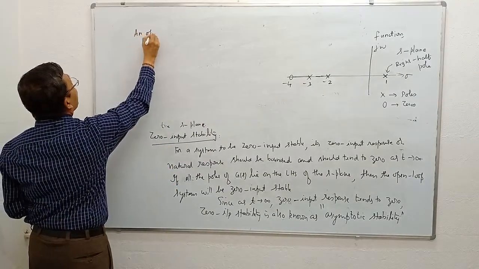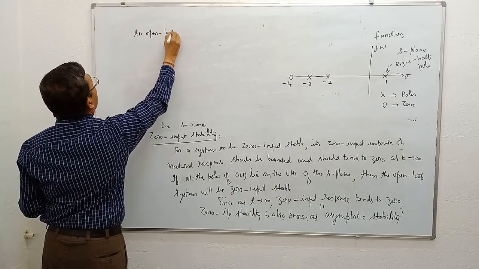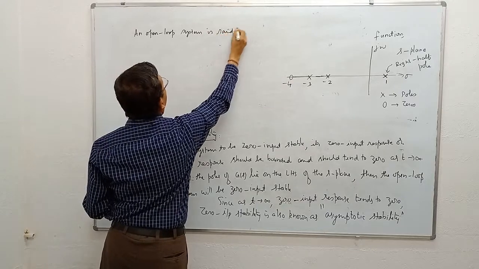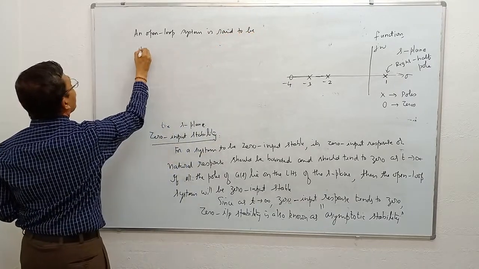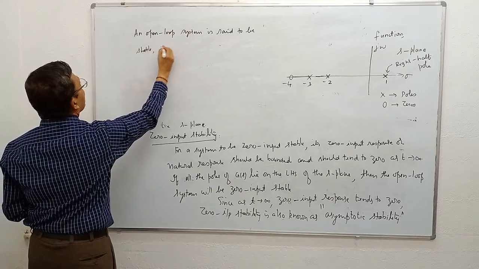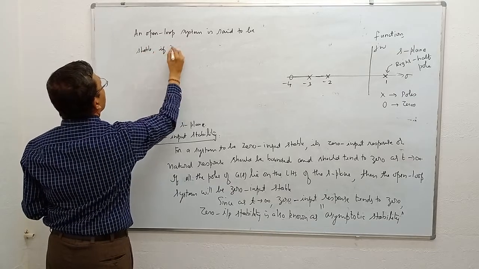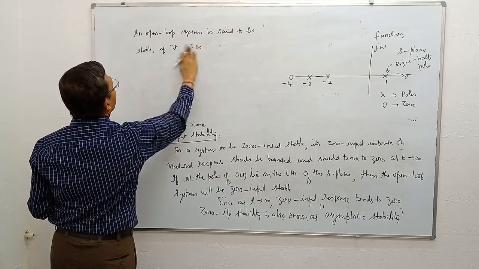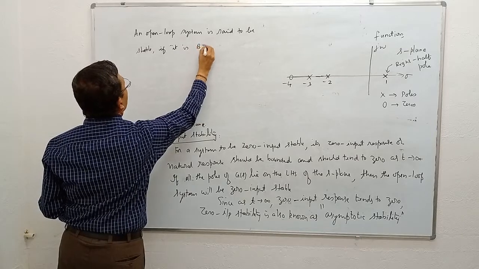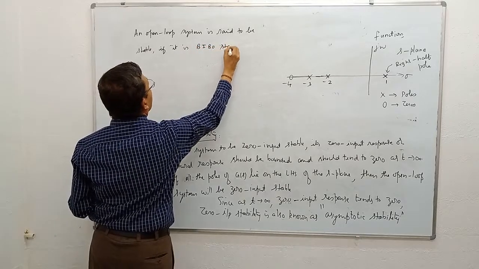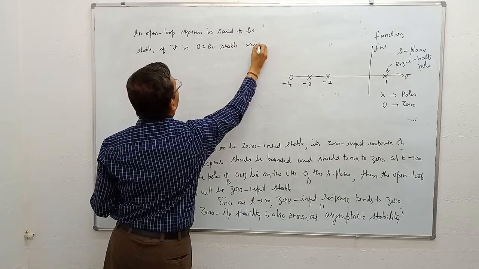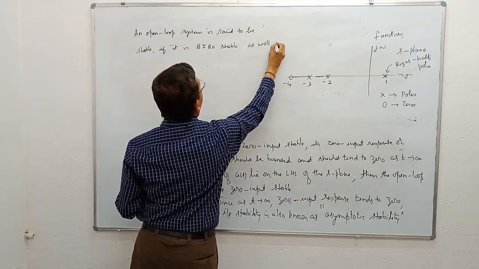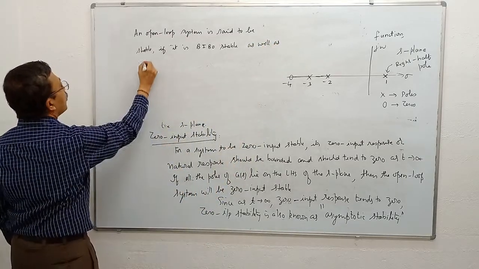An open loop system is said to be stable if it is BIBO stable as well as zero input stable.